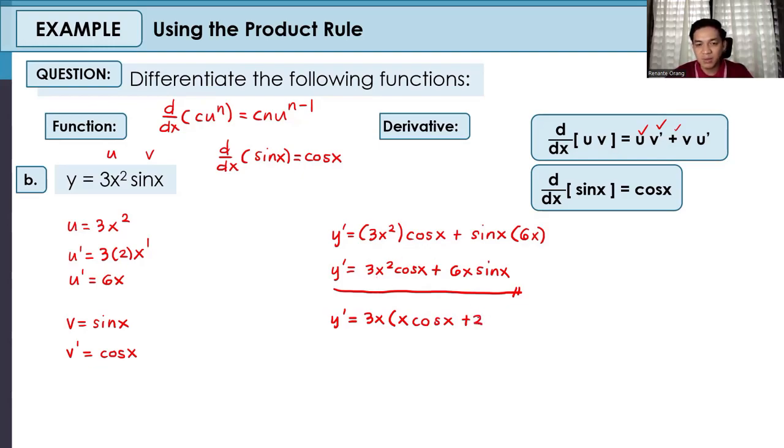Ilabas natin, so mawawala siya. We have sine x. So, factor out lang. That is our final answer. So, okay na to na final answer. Pwede ding naka-factor out. I will accept kung saan sa dalawa yung sagot mo. Dapat marunong ka lang talaga mag-factor out. Baka kasi wala to sa ating choices.